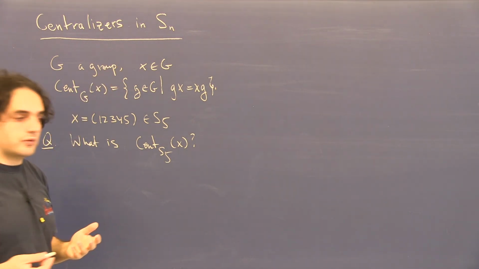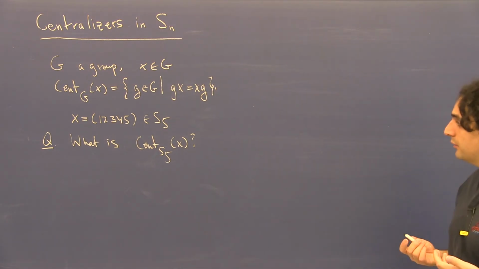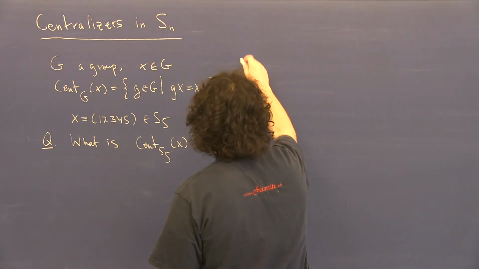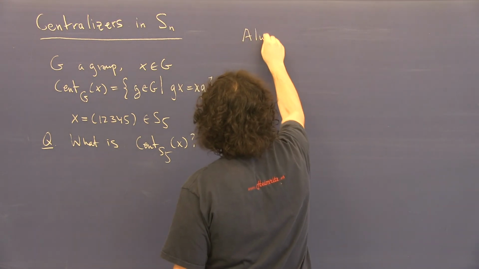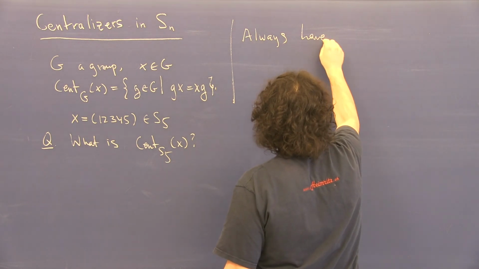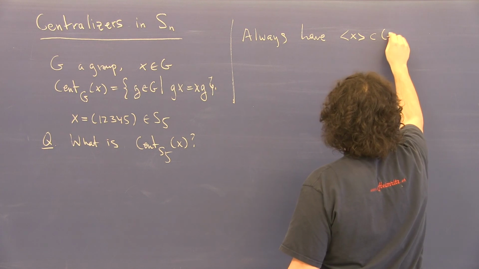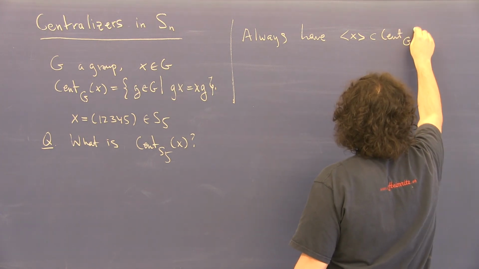We know that the powers of an element always commute with that element. So we always have that the subgroup generated by x is contained in its centralizer.